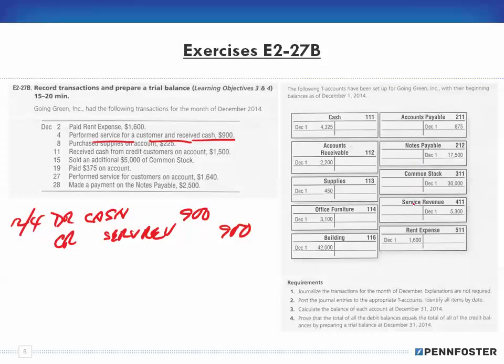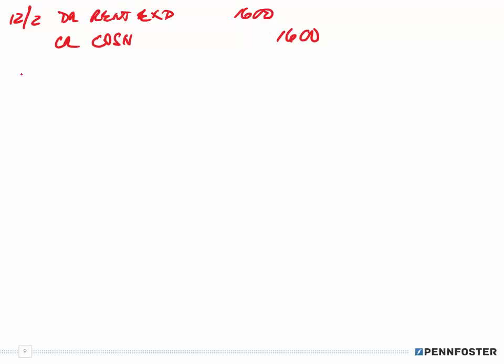Notice that if I'm not sure what account, I know I'm making a sale, so it's a revenue account, and I have to look to see what the account name is for my revenue account, so it's service revenue. All right. So on 12/4, I'm debiting cash, crediting service revenue for 900.